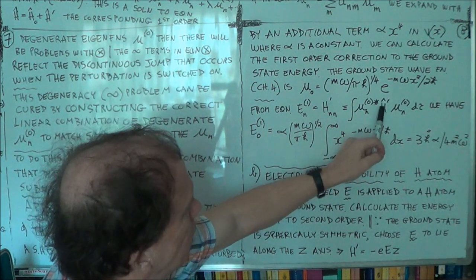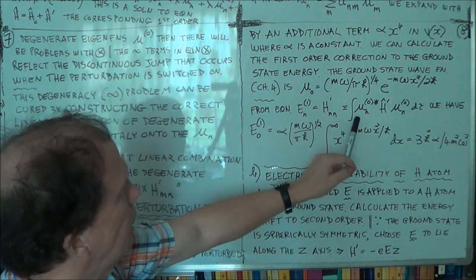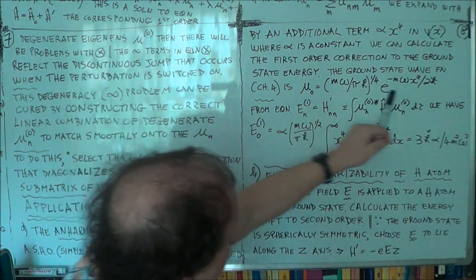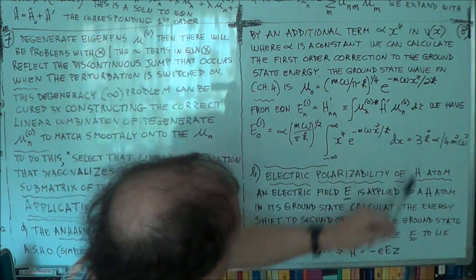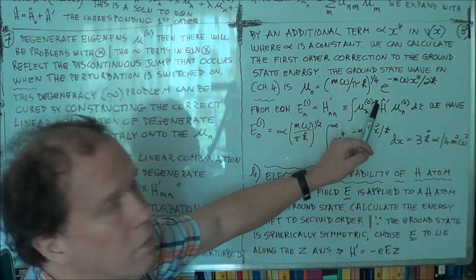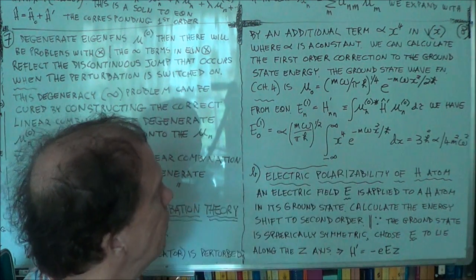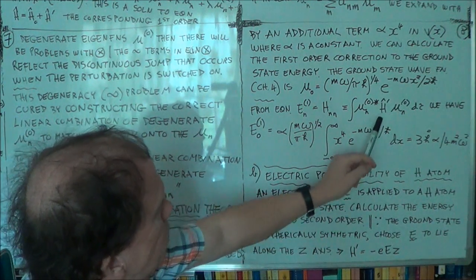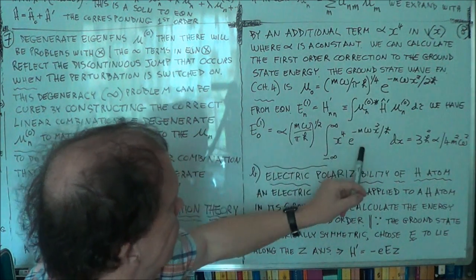You just plug that in here. And we know the U naughts, so we just plug this into here and here. Now this is a real number, so conjugating it won't have any effect. So effectively we're just squaring this and putting this in here, which is alpha x to the fourth.